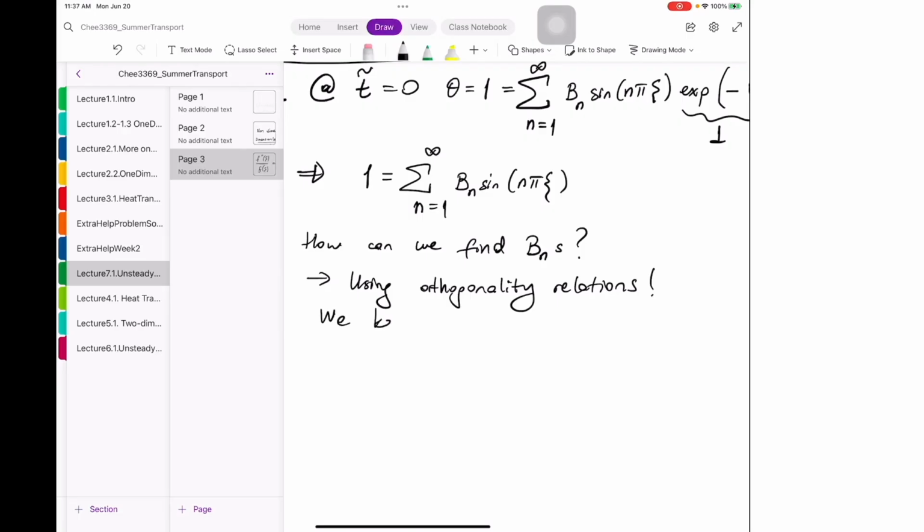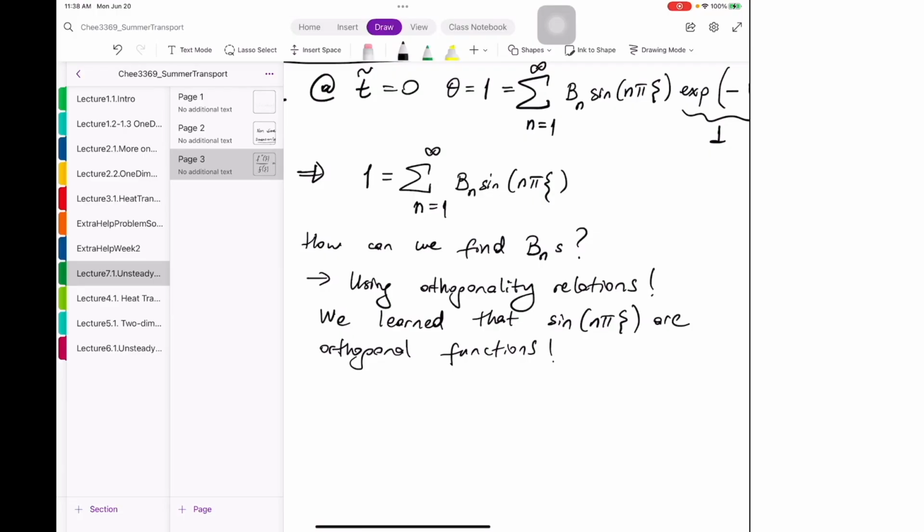We learned that sine n pi xi are orthogonal functions. I have shown you a way to demonstrate it, and I'm not going to redo it because it's the same function.